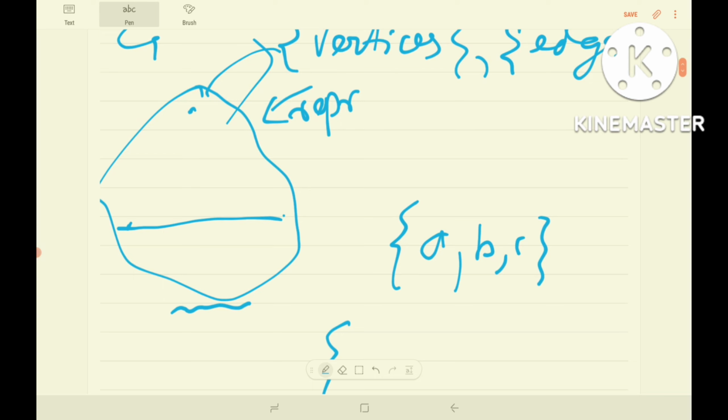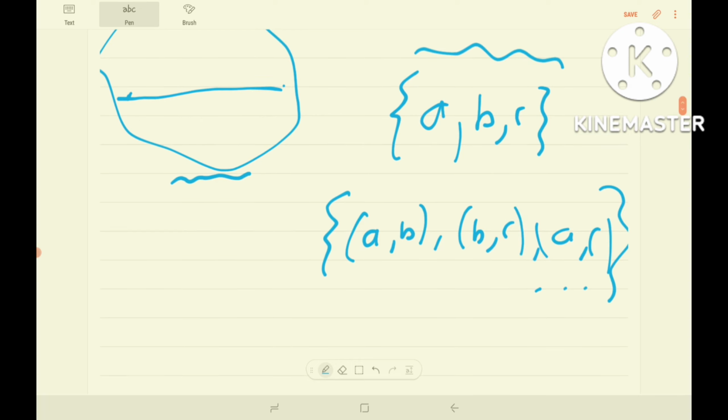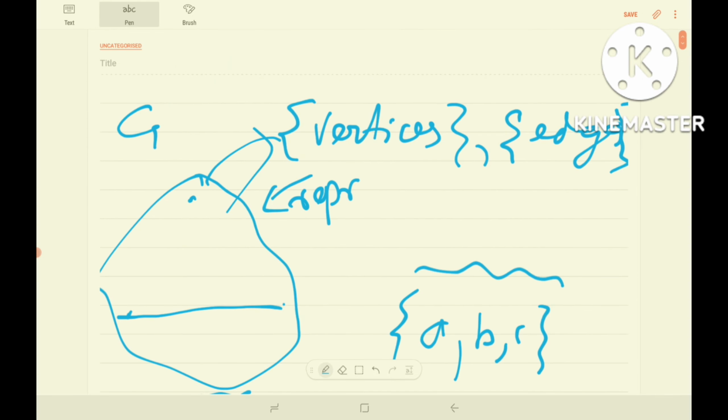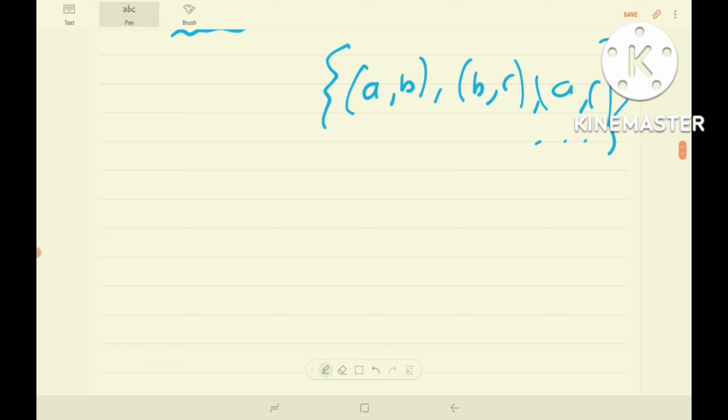It doesn't need to be two distinct elements, but two elements from this vertex set. So basically, it can have some sets like this, this, this, and so on. Enough of this definition.